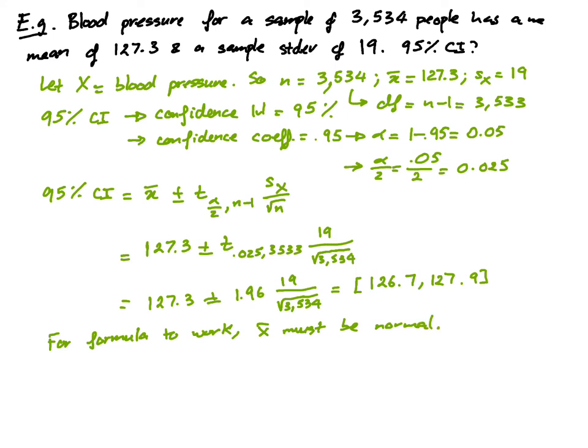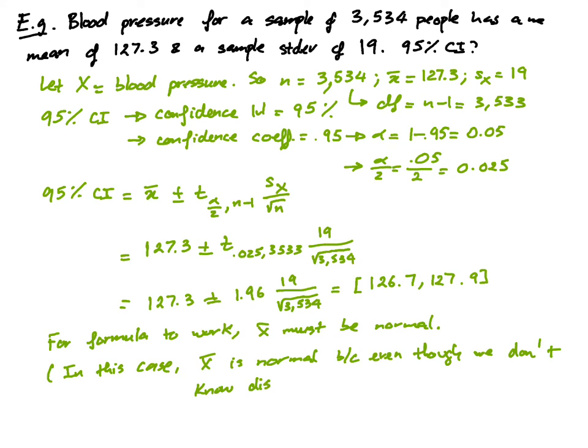Okay, and in this case, x bar is normal because even though we don't know the distribution of x, we have a sample size which is 3,534, which is greater than 30, right?